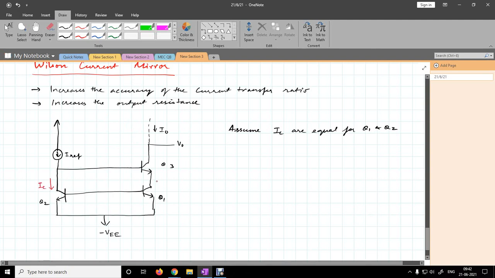Here the current flowing is also IC. A small correction: this is diode connected. Okay, it is diode connected. Draw it here, just in case.